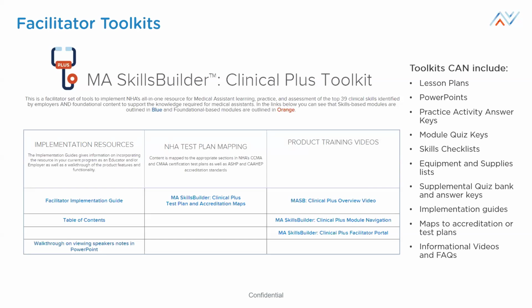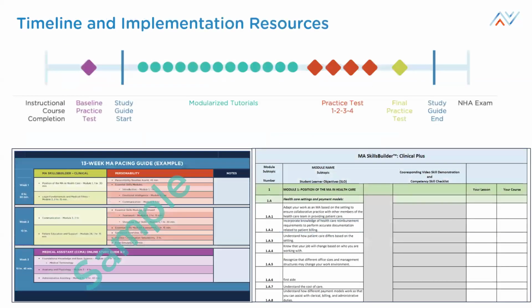Each toolkit is unique and focused on helpful tips for that particular product. They don't all include the same items, but they can include things like PowerPoints, answer keys, FAQs, lesson plans, just to name a couple of items. And all of that information is super lovely and helpful, but once you dedicate to the MA program, now what?